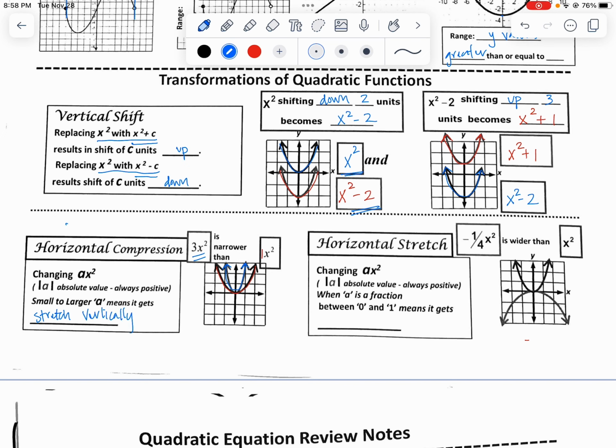We're going from x squared to 3x squared, so x squared is going to get a vertical stretch when the number out in front, when a is greater than 1.